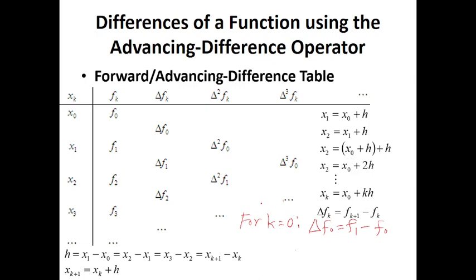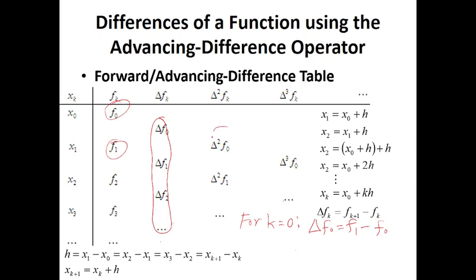So delta f sub o is simply f1 minus f0. That is the manner of getting the first differences of a function for k equals 0. Take note that these are the first differences of the function: delta f sub o, delta f sub 1, delta f sub 2.